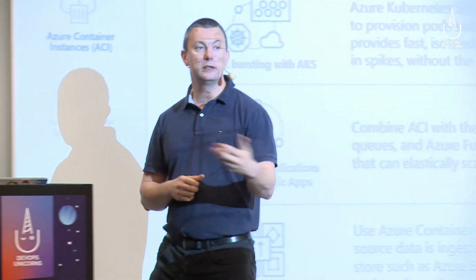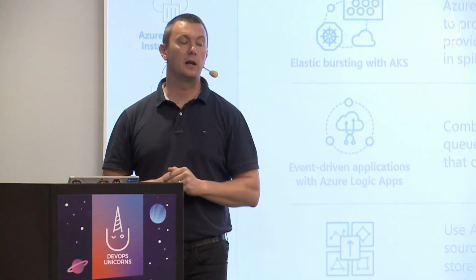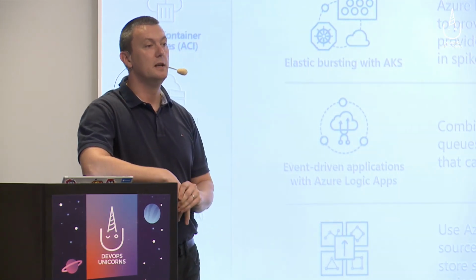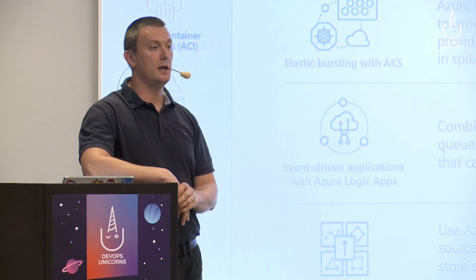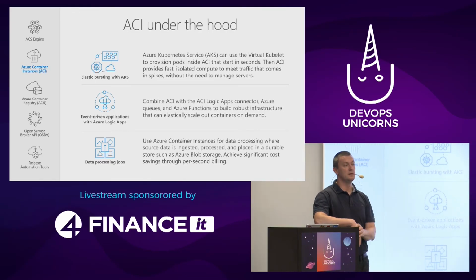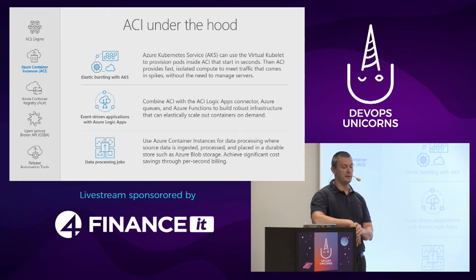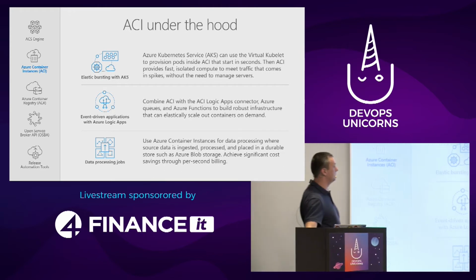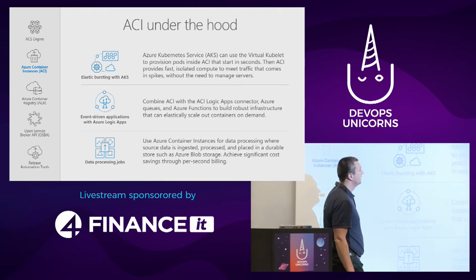You specify that you would like to run on Linux, you specify how many CPUs and how much memory you need, and it will execute and be created in a few seconds. So the idea is 1 container per service that you create in this case.